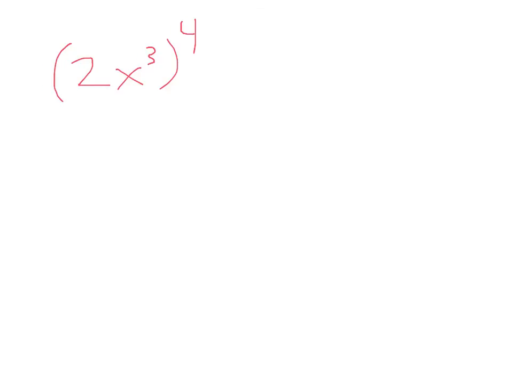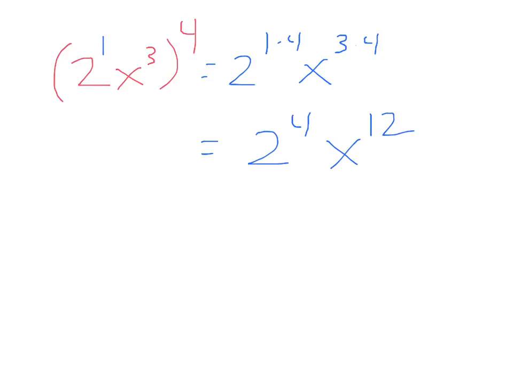Here, don't you dare multiply that 4 to that 2. What's the exponent on that 2? That's right, it's a 1. So I get 2 to the 1 times 4, x to the 3 times 4. So what I really get is 2 to the 4th, x to the 12th.